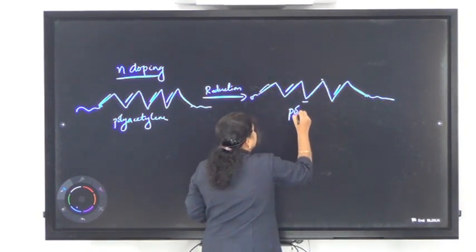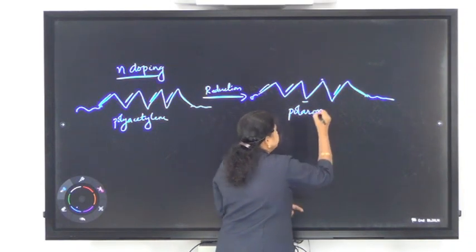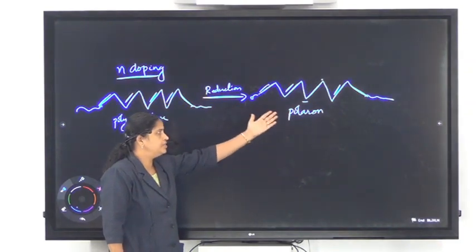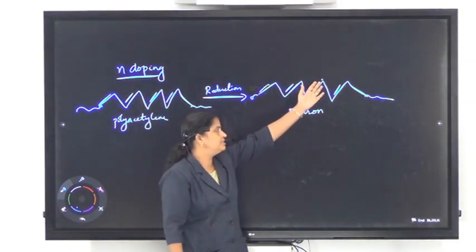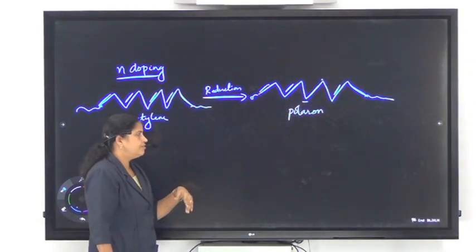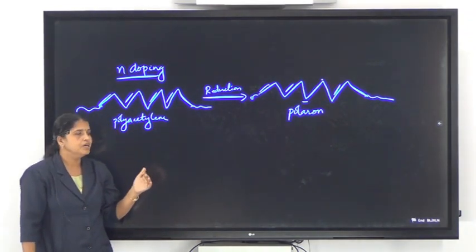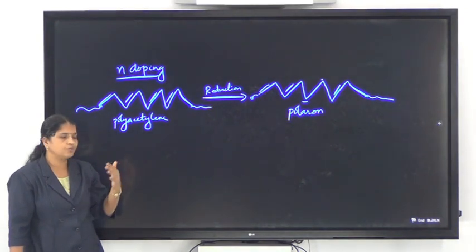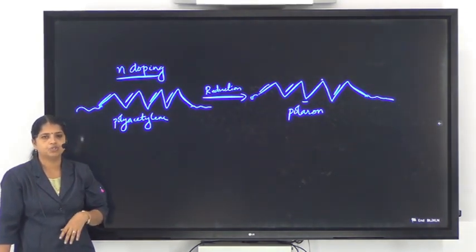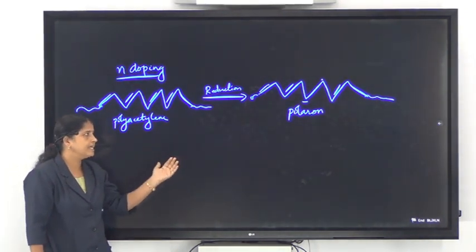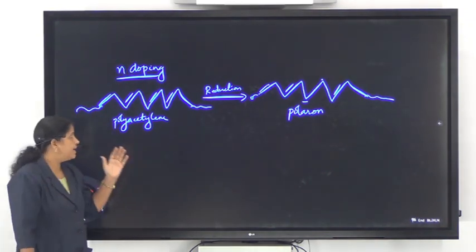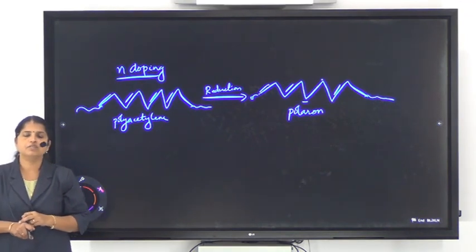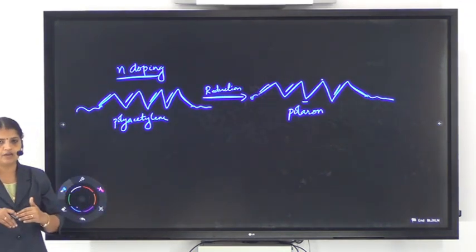This is also called a polaron. Then again one more electron is added into the system, therefore negative charges are created, and that is known as a bipolaron. So these electrons are delocalized throughout the entire polymer backbone. Its conductivity is again improved. So by n-doping we can improve the conductivity of those conducting polymers which possess conjugated pi electrons.